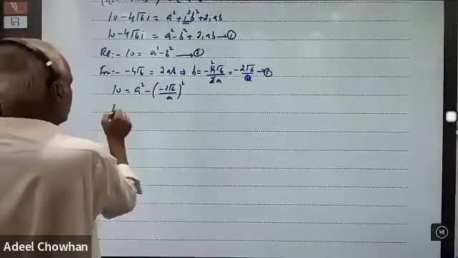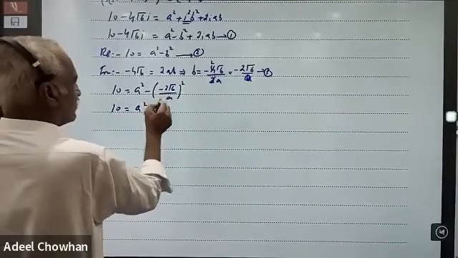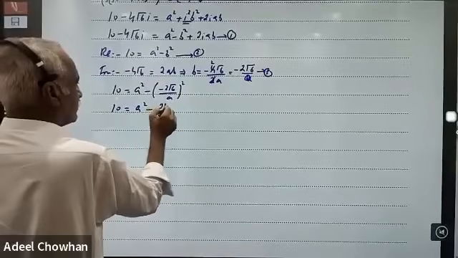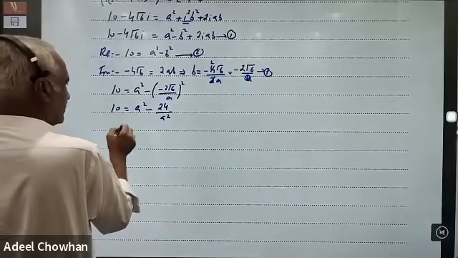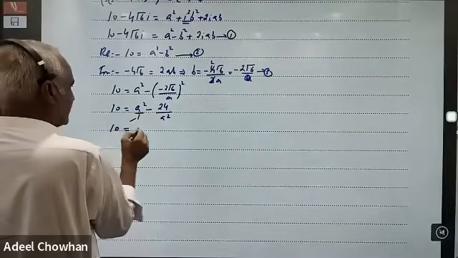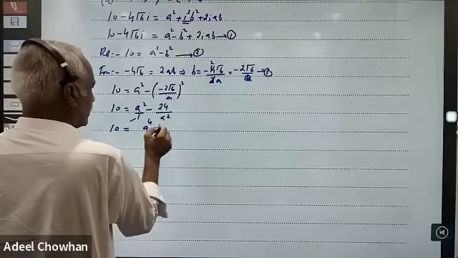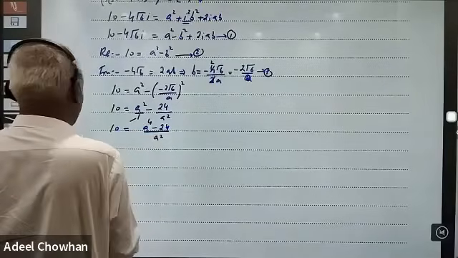So 10 is equal to a square minus 24 over a square. Taking LCM, 10 is equal to a to the 4 minus 24 over a square.